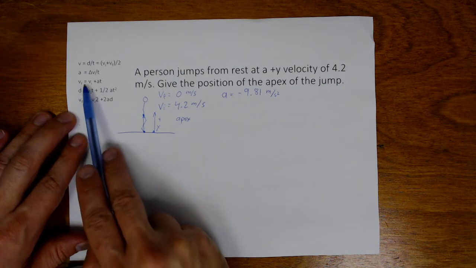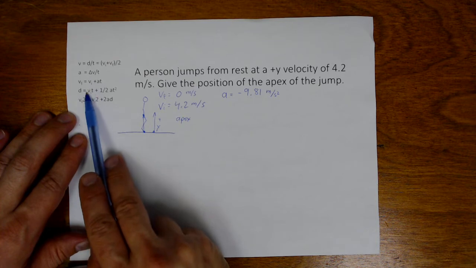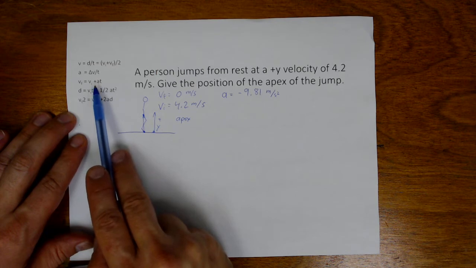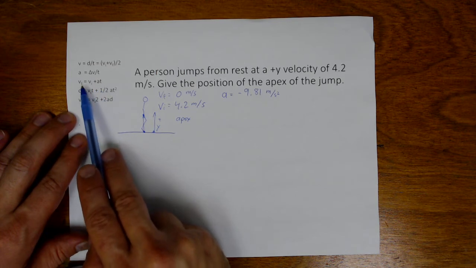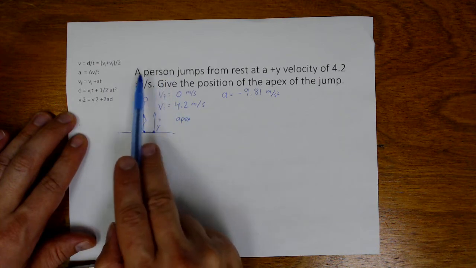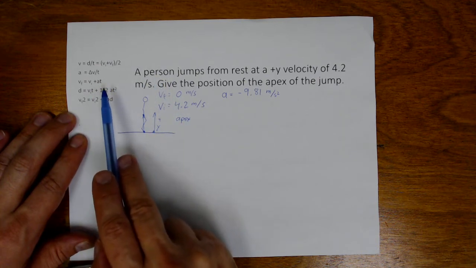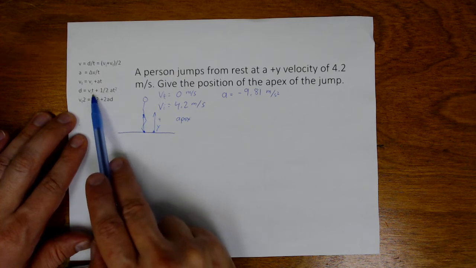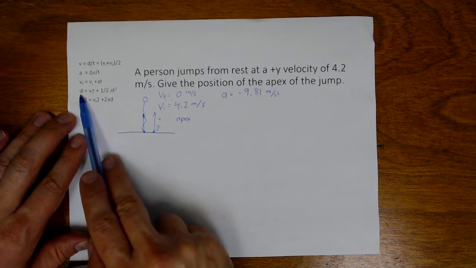So we could use these two, but we need t here as well to solve for. We'll be able to get t from this equation, but that means we weren't given t here, and then we could plug t into here and to here, and we'd be able to get that distance.